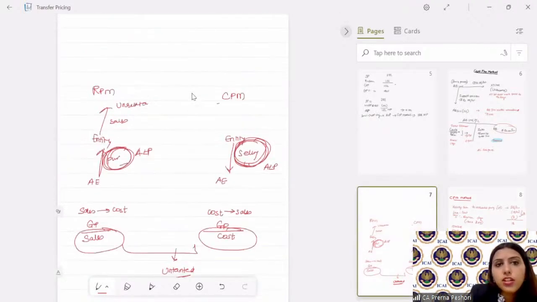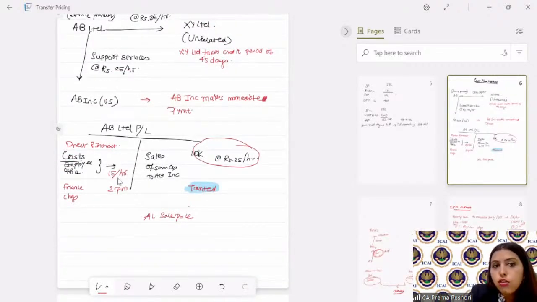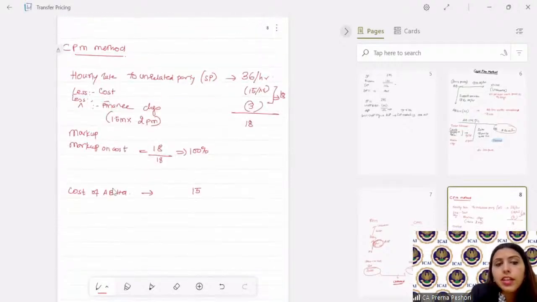This finance charge is not present for AB INC, so I will not take that into consideration. I will only take 15 over here. For AB INC that 2 per month of finance charge is not applicable. That was only there for XY.